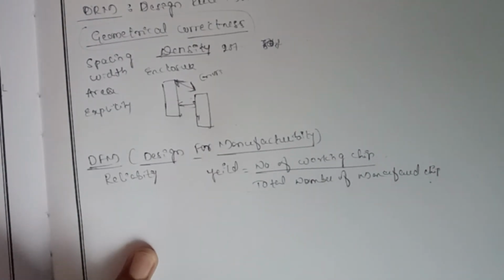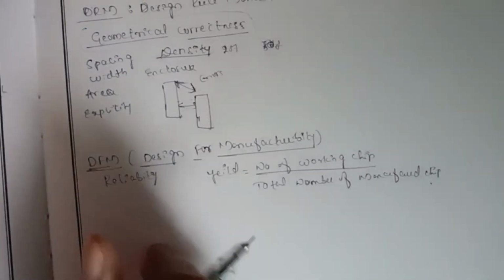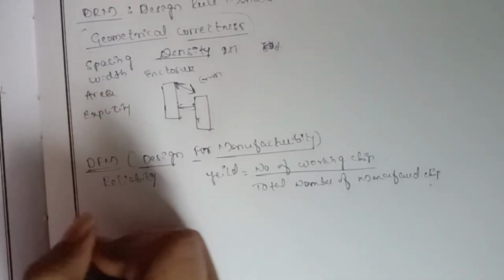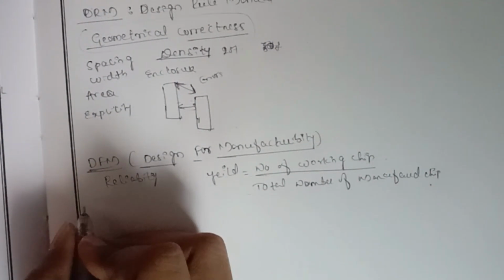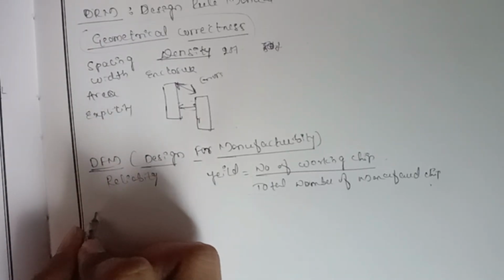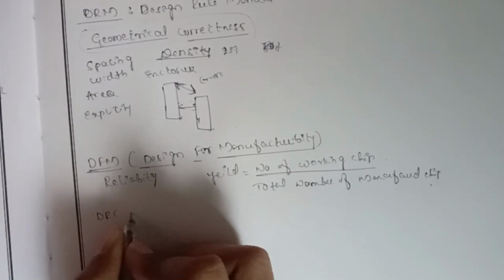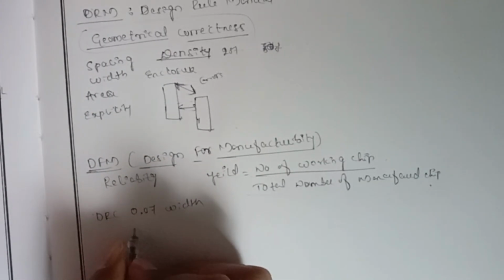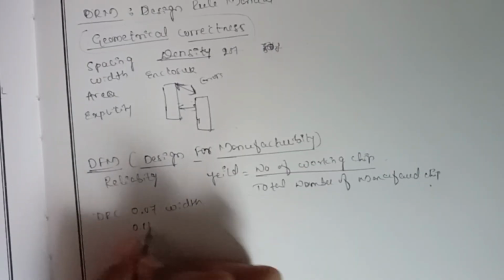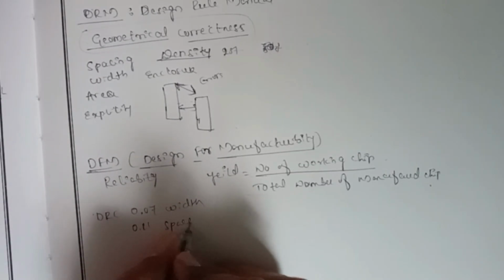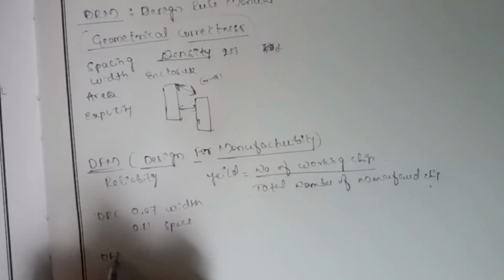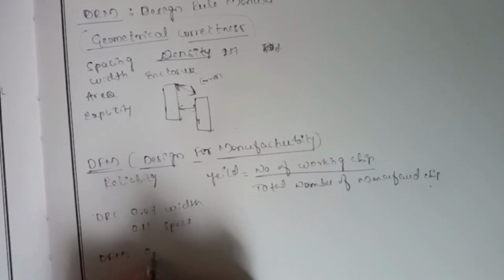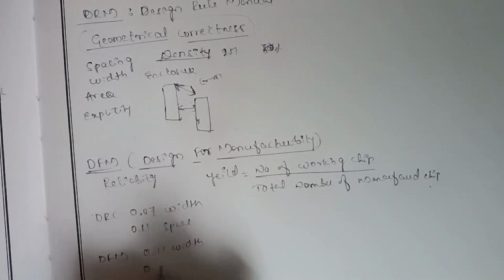And DFM is an extended version of the DRC. Why do we say that DRC is extended? DFM is the extended version of DRC, meaning actually it is the same, but we take some margin. If the DRC has something like 0.07 width, or we should maintain something around 0.11 space, DFM will take around 0.11 for width and something like 0.14 for space.